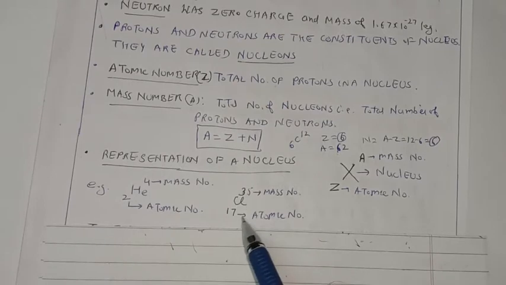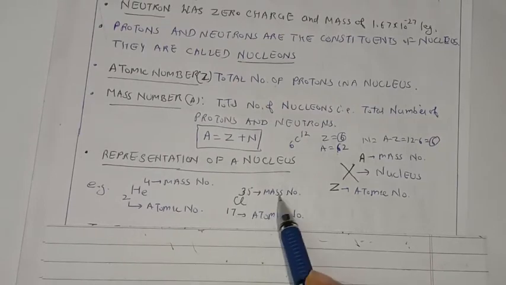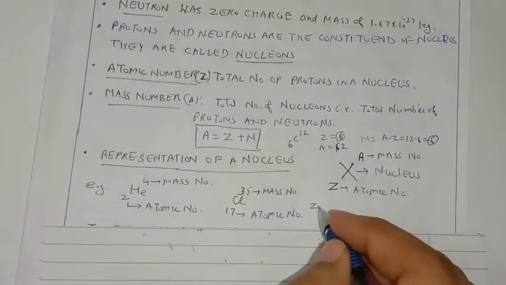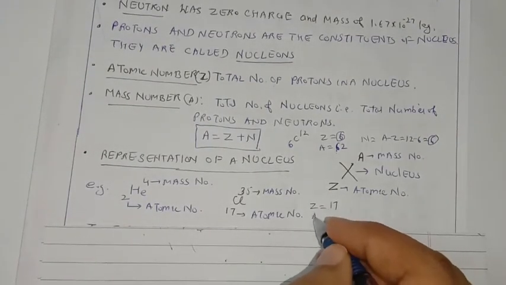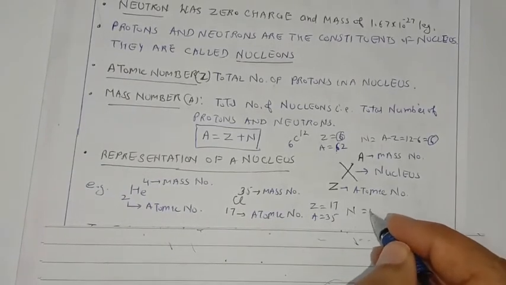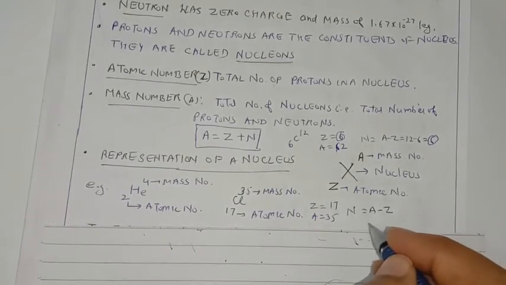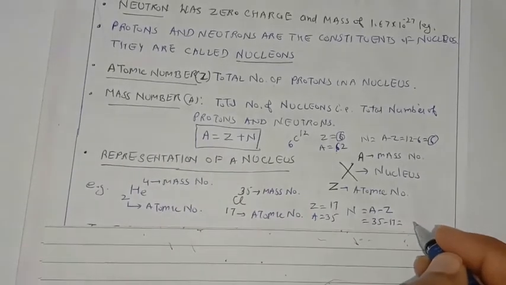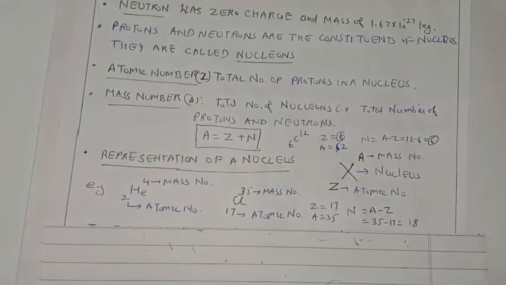And chlorine-35, with atomic number 17 and mass number 35. If we find the number of neutrons for chlorine, it is mass number minus atomic number, that is 35 minus 17, equal to 18.